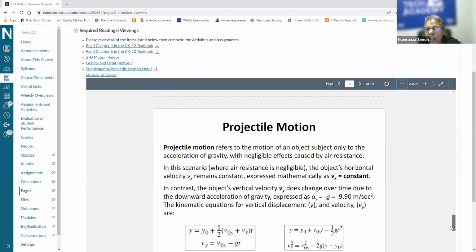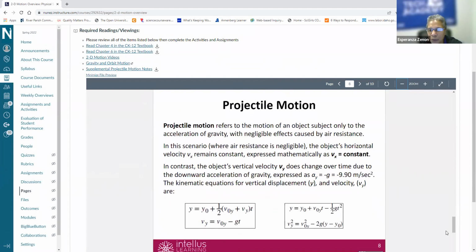Okay, that's how we're going to distinguish a projectile from an object that's strictly free falling. Okay, and so you see here our definition of a projectile. This object is in motion. It is subject to gravity only as far as acceleration goes, and there's no air resistance. Okay, so that air resistance is 0.